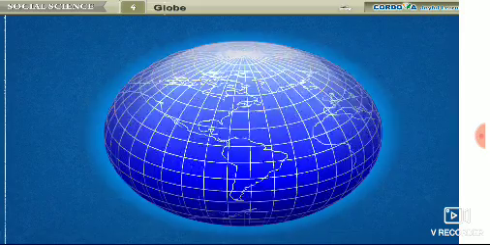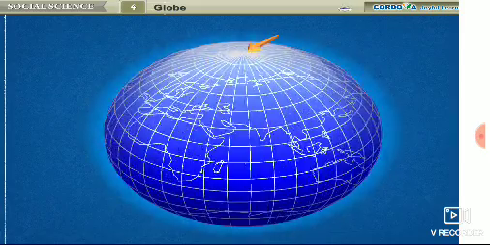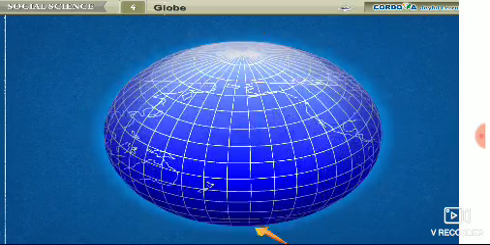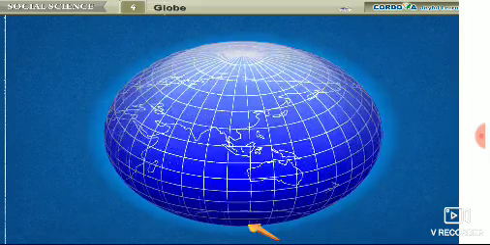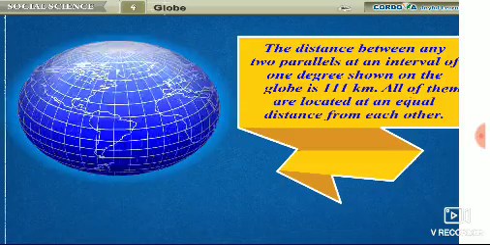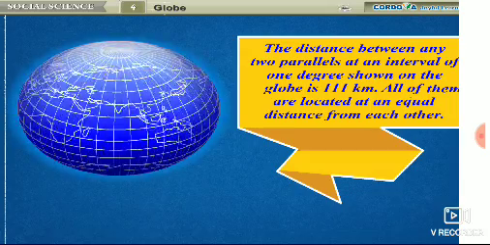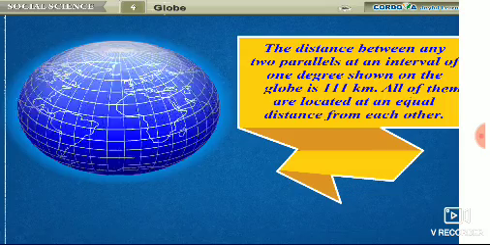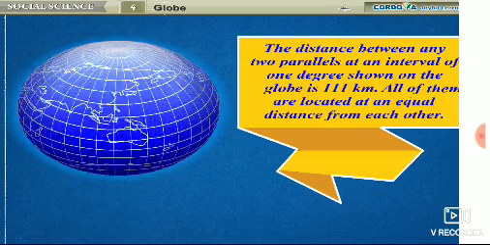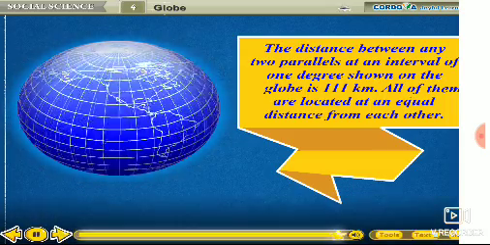The farthest latitudes, the North Pole that is 90 degree north and the South Pole that is 90 degree south, are in the form of imaginary points. The distance between any two parallels at an interval of 1 degree shown on the globe is 111 kilometer. All of them are located at an equal distance from each other.